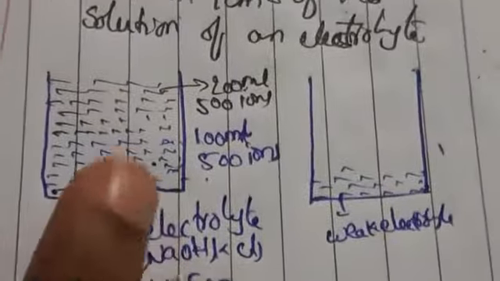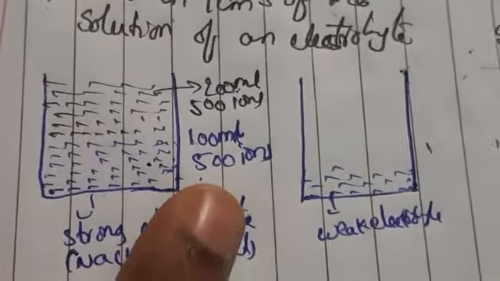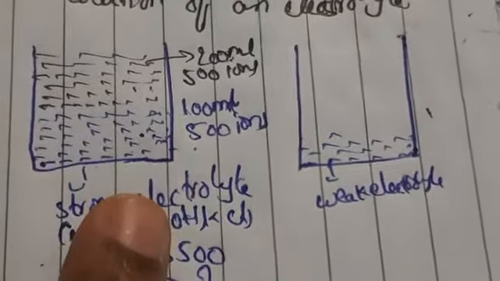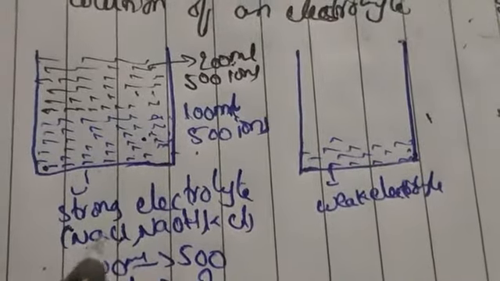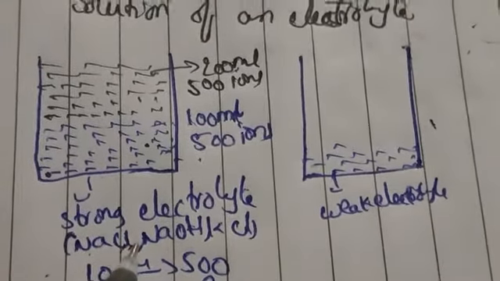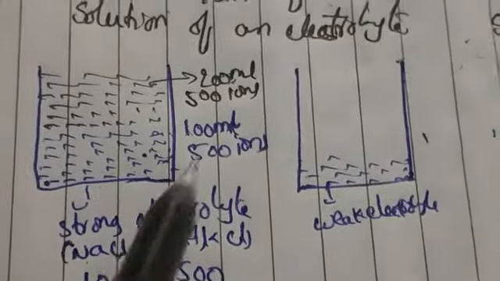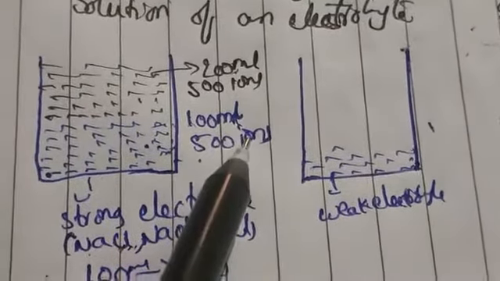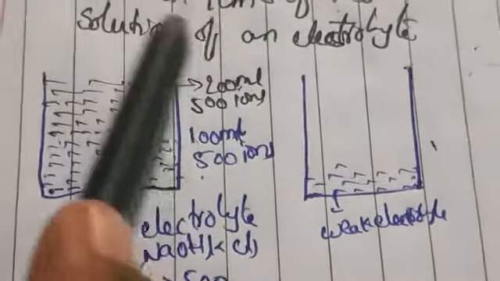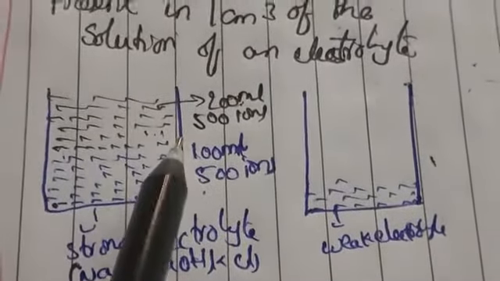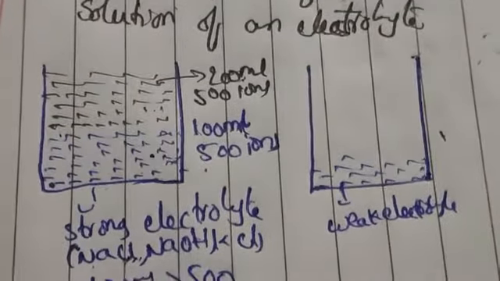If you have observed, for 100 ml also it is giving 500 ions. The electrolyte NaCl dissociates into 2 ions, that is Na plus and Cl minus. For 100 ml it is giving 500 ions, and I am going on increasing dilution. I am pouring water, again 100 ml added, so total 200 ml.